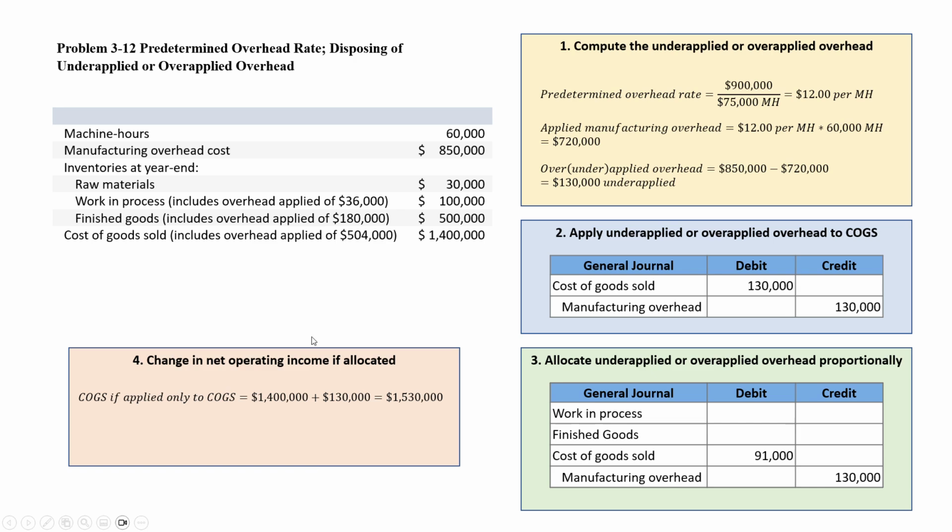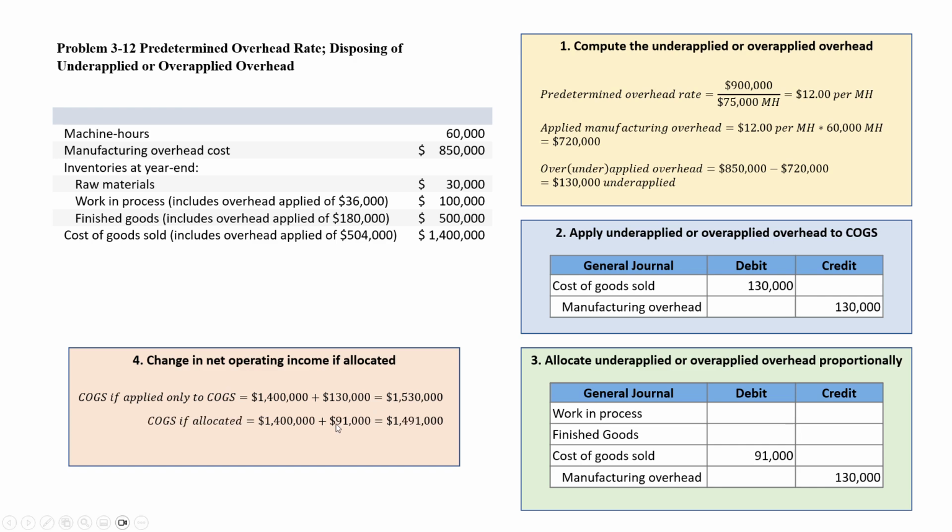For example, cost of goods sold before we dealt anything with underapplied overhead is $1.4 million. If we take all that underapplied overhead of $130,000 and add that, remember cost of goods sold is an expense, debiting it is going to expense it, it would boost up our cost of goods sold or expense to $1,530,000.